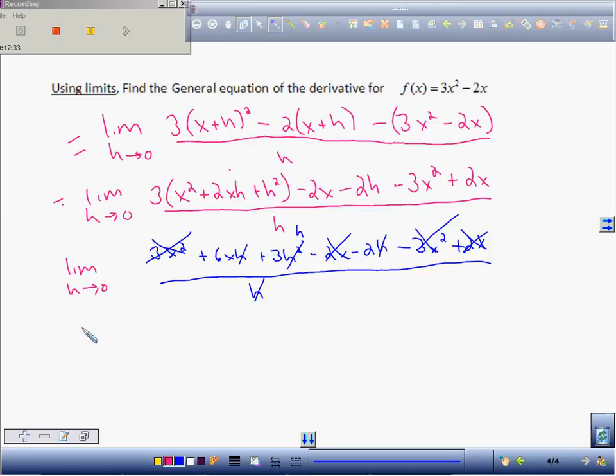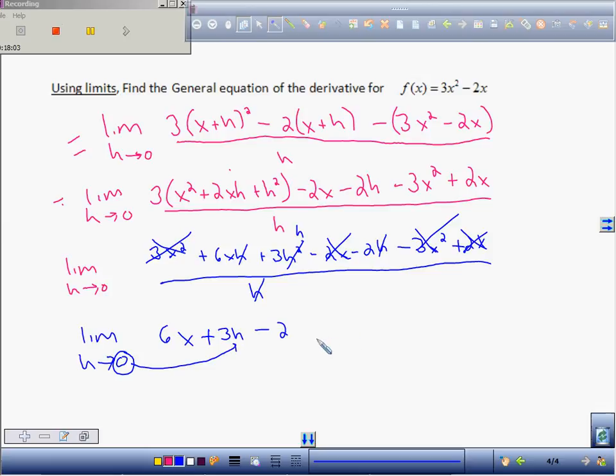So now what I get is the limit as h goes to 0 of 6x minus, plus 3h, minus 2. Okay? Now I can evaluate my limit, and I'm going to plug that in there.